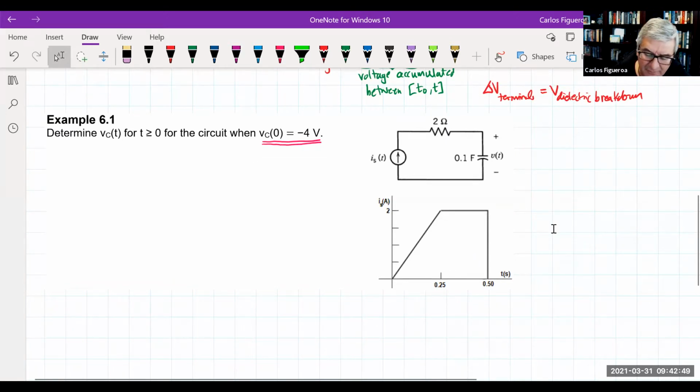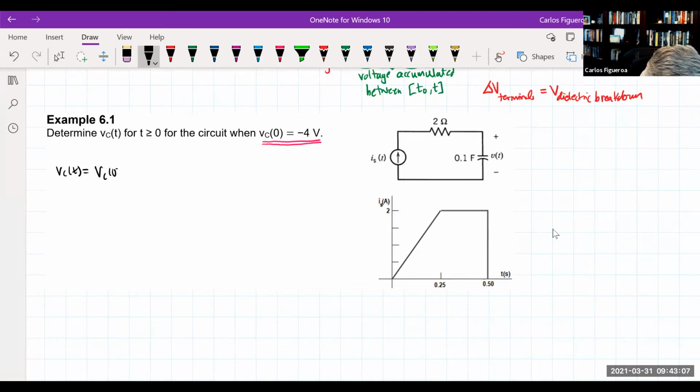So let's look at this thing here. What we want to do is, if I look at this, one of the things you see is that our capacitor equation for the voltage tells us that it's got to look like this. So there's some initial charge or initial voltage, and then there's a turn on time at t equal to 0, and then it's got to look like this here.